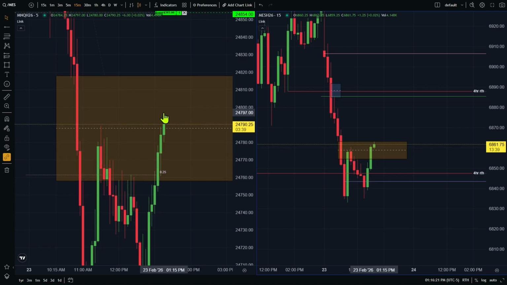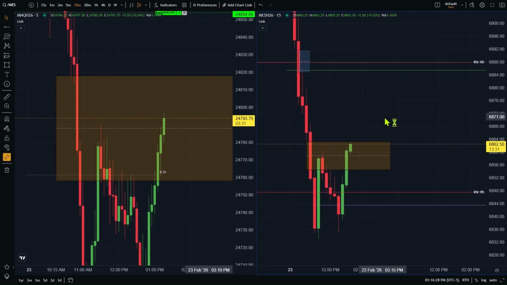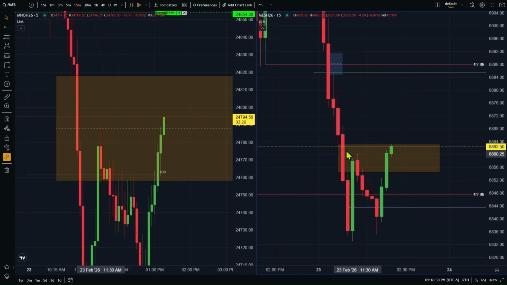We didn't make it to round number, but we're trying. We filled the fair value gap on ES completely. That's good. An inversion of it, so a pullback to here is quite possible. And then a push higher.